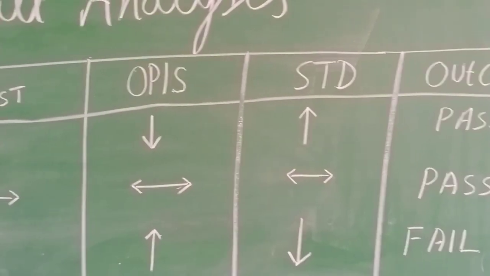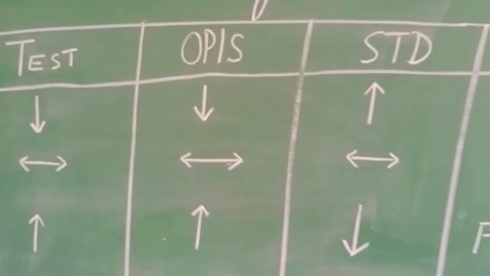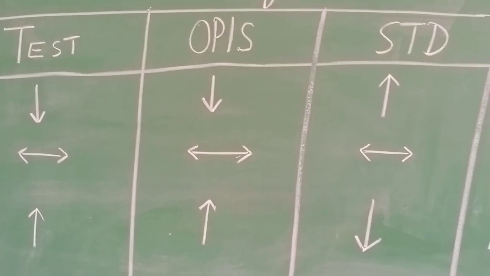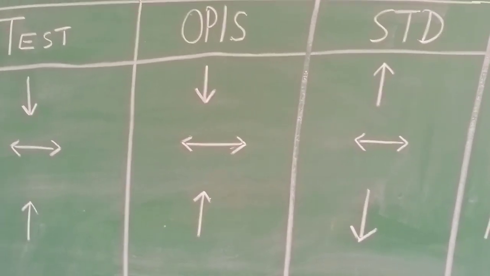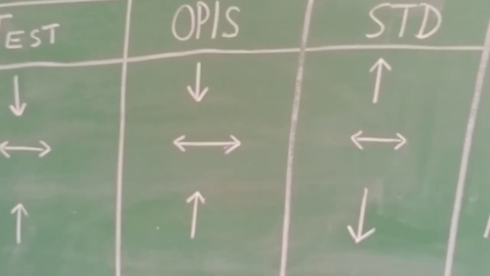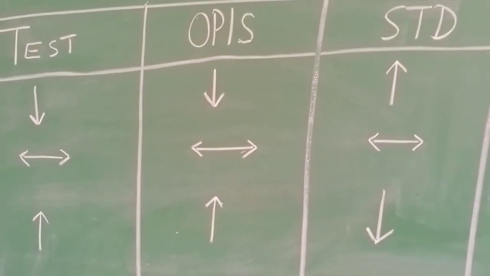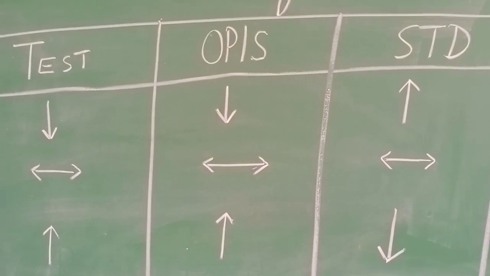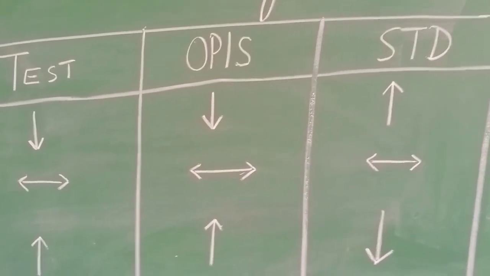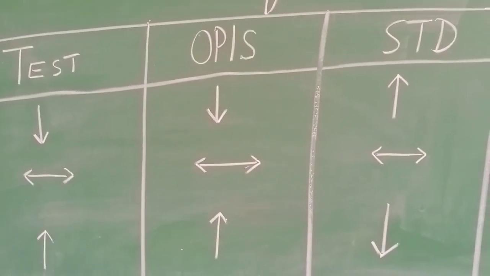Now under the second column we are getting horizontal bidirectional arrows. These bidirectional arrows are the same in case of the test sample as well as in the standard sample, and also under the opalescence.